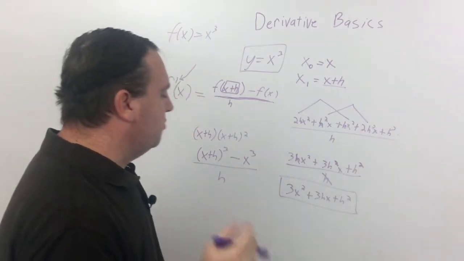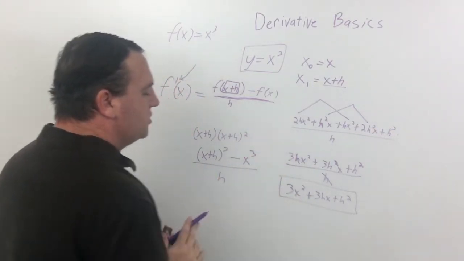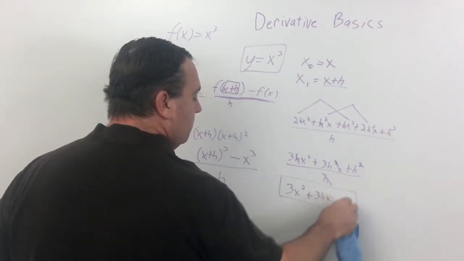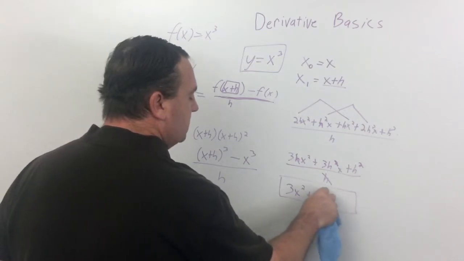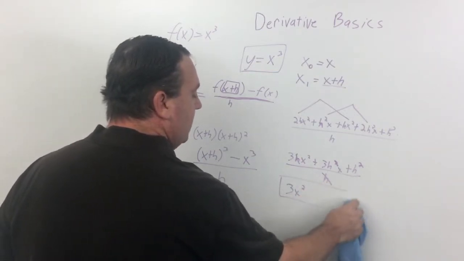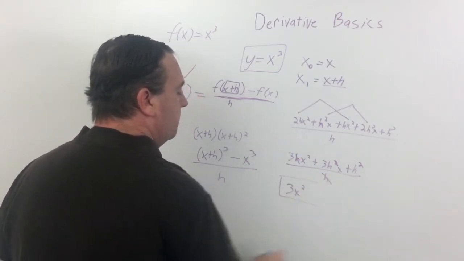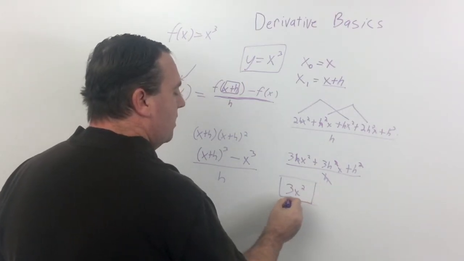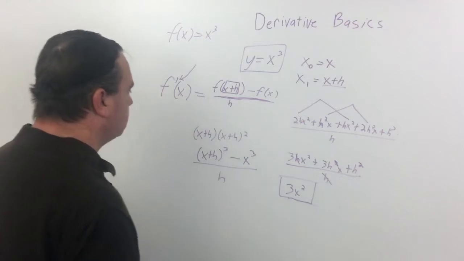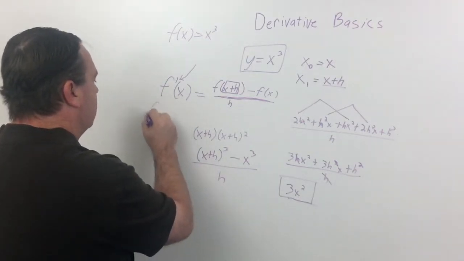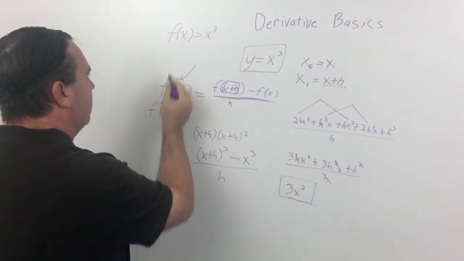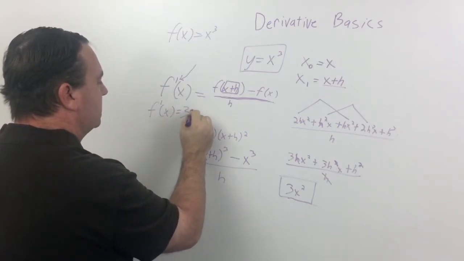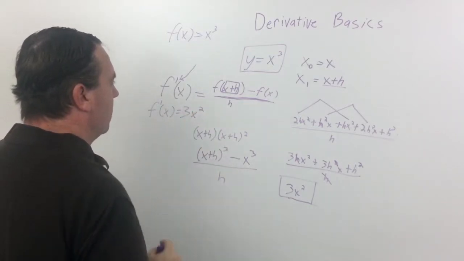Well, if h goes to 0, then h squared is also 0, and h times x is also 0. And so that leaves us with 3x squared as the final derivative. So if f of x is x cubed, then f prime of x is 3x squared.